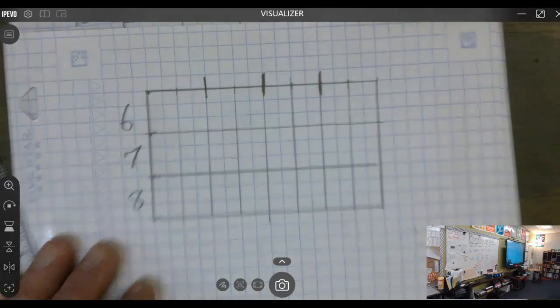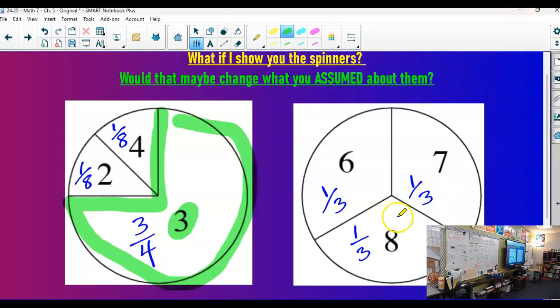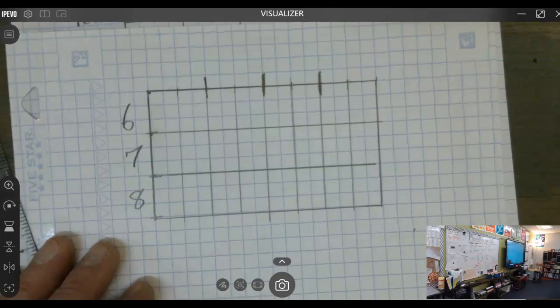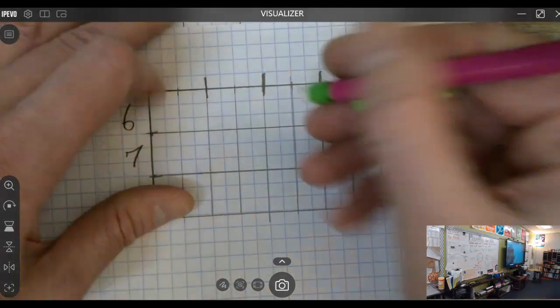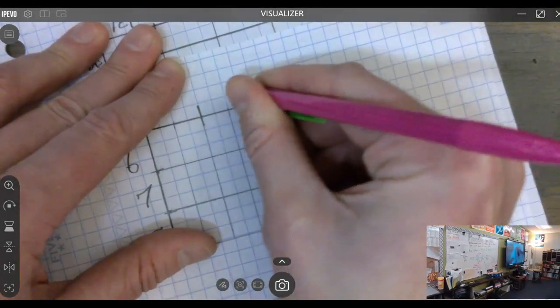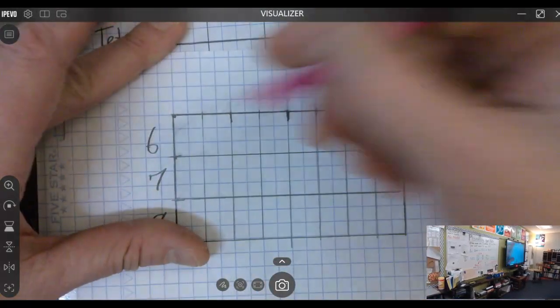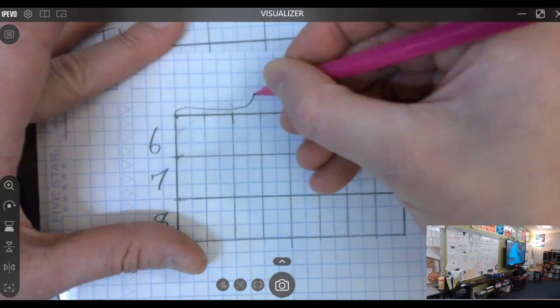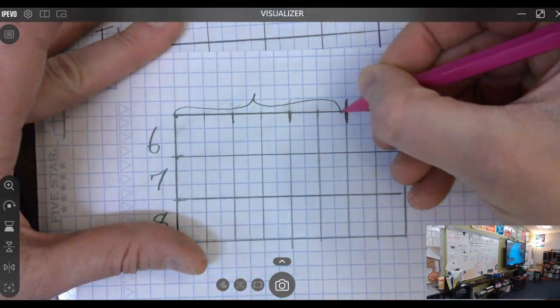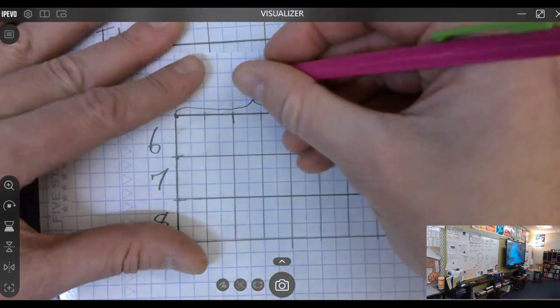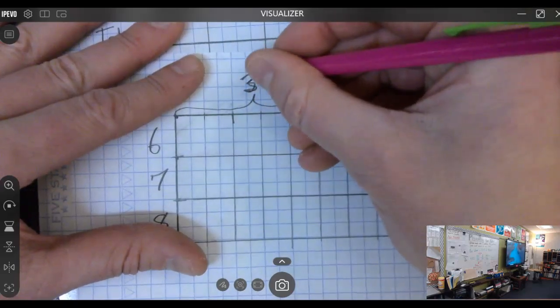So my 3 gets this entire region. It gets this whole section. This whole thing belongs to 3.